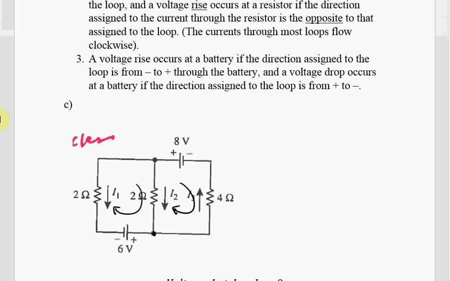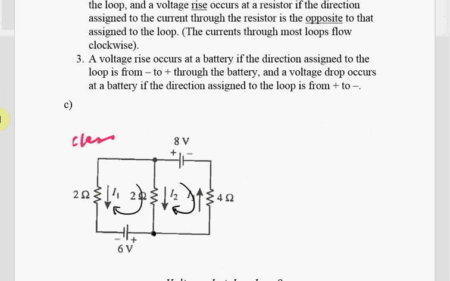Sometimes I'm still thinking about the battery. If I'm moving clockwise plus to negative, then it's negative, right? And then I get that mixed up in my head with the resistor, but the resistor is opposite of how the battery acts in terms of how it receives the charge.